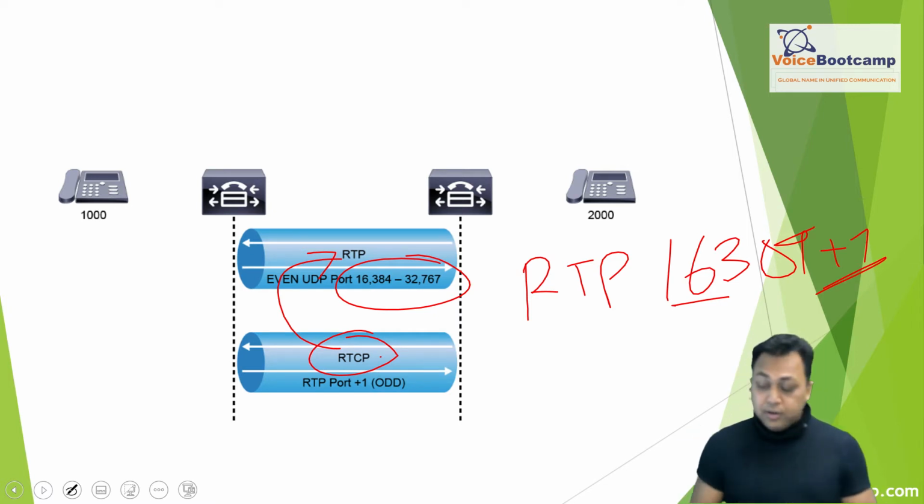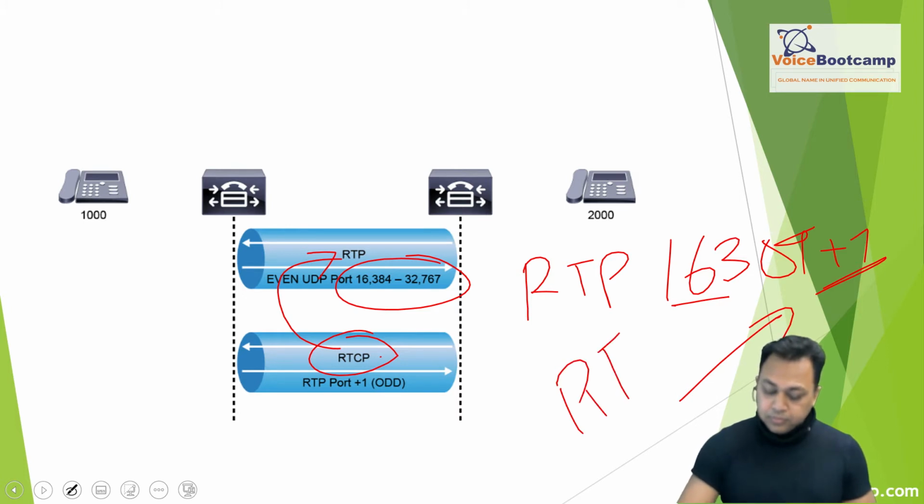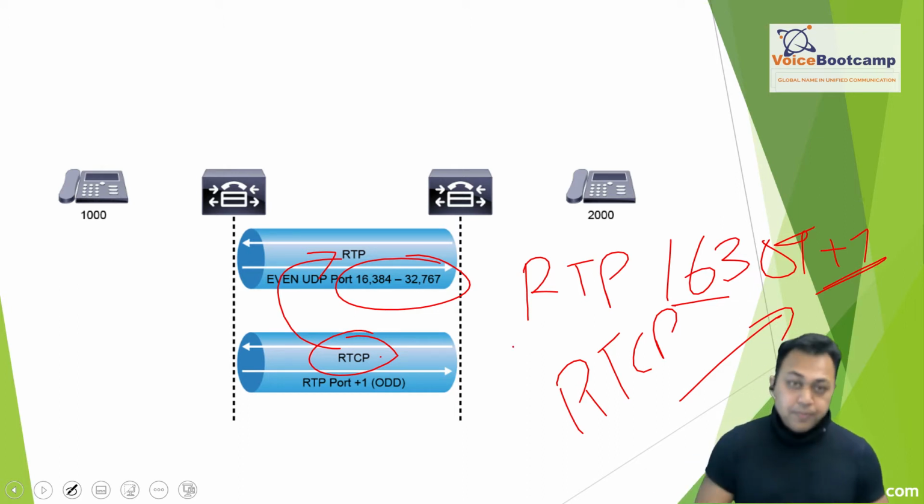So if you are looking at an RTCP port 16385, that means it is for RTP 16384. So that's an easy way to figure this out.